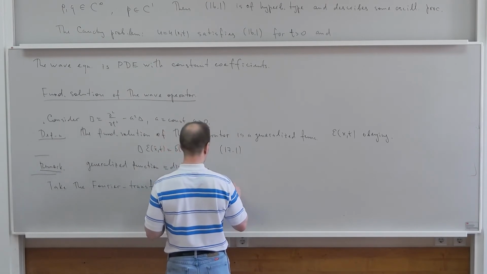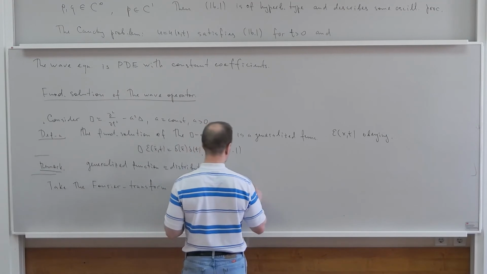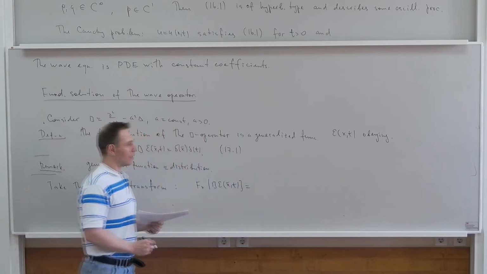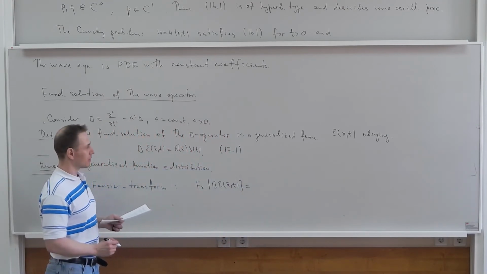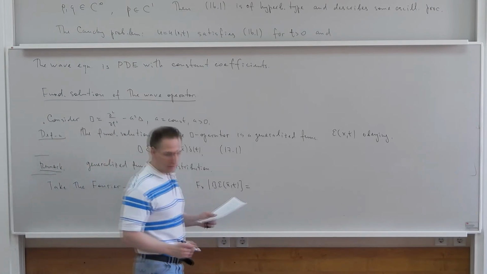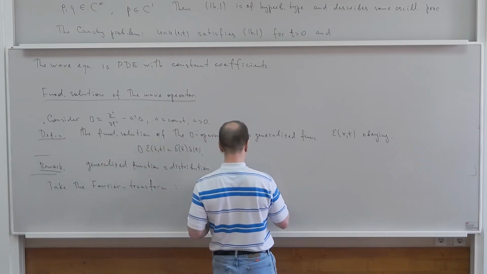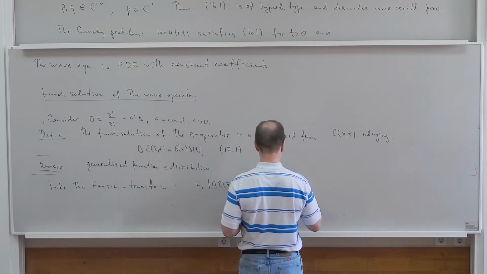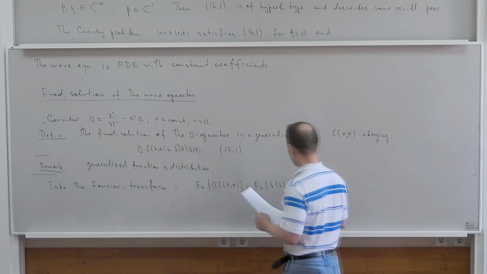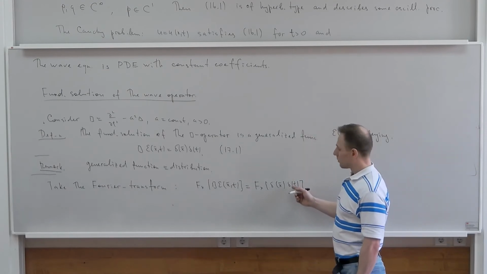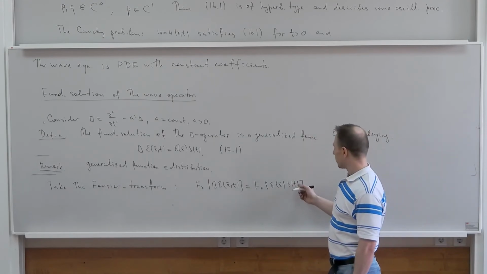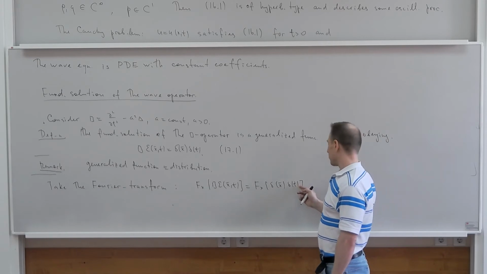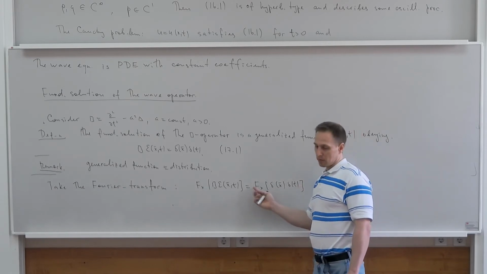We will take this Fourier transform only with respect to the variables x, and t is regarded as some constant parameter. So, for example, the delta function of t is constant and can be taken off from the Fourier transform.